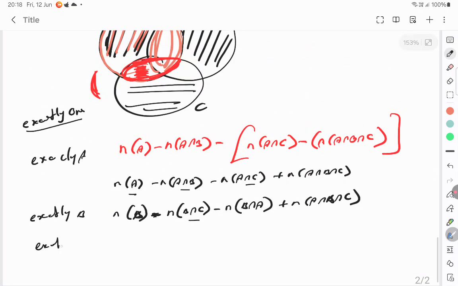So now exactly C will be n of C minus n of C intersection A minus n of C intersection B, correct? Plus n of A intersection B intersection C.